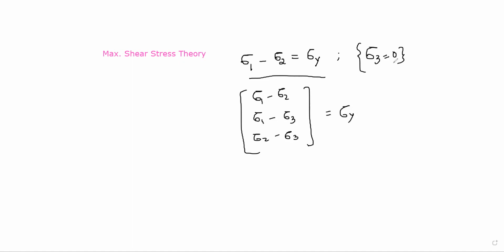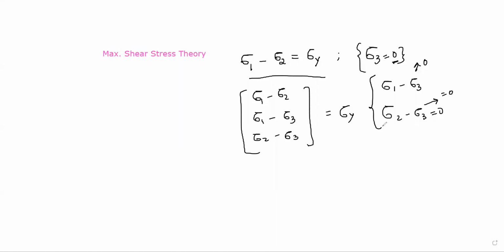Fine. Now we are assuming one of the stresses to be 0, sigma 3 is 0. So the maximum difference is sigma 1 minus sigma 3, where our sigma 3 is equal to 0. This can also be the case. Second is sigma 2 minus sigma 3 equal to sigma y. This is also the difference between the principal stresses, where our sigma 3 is also equal to 0.